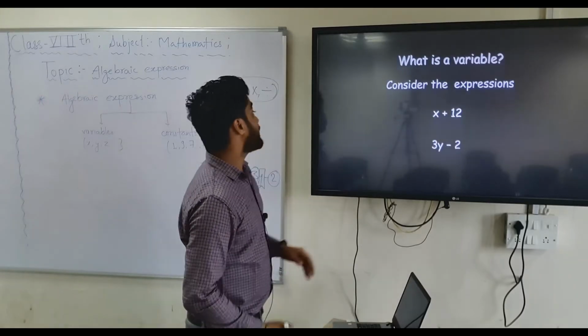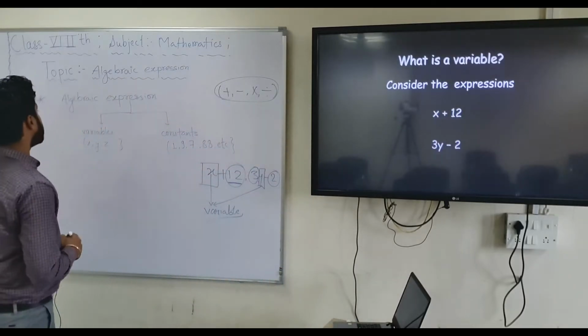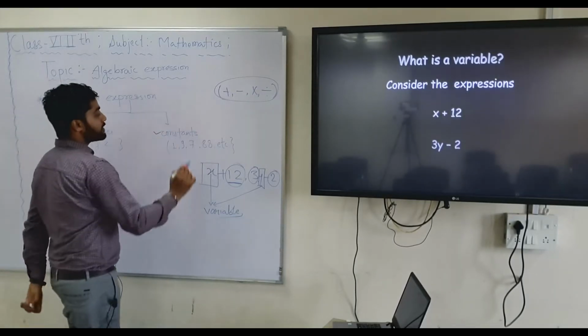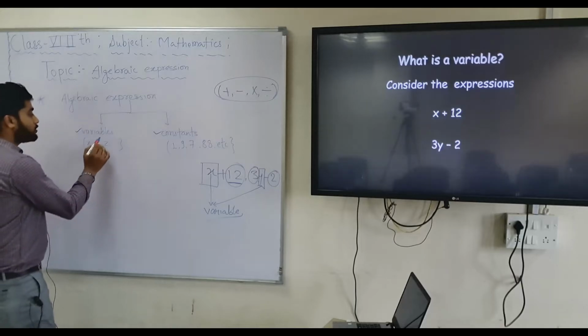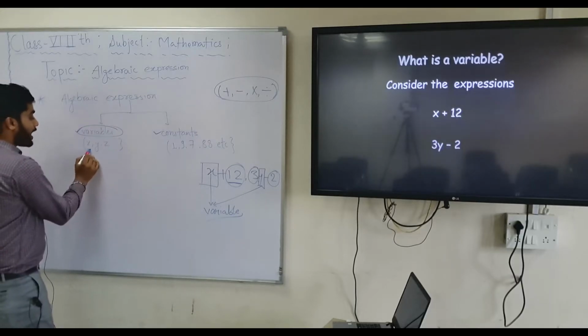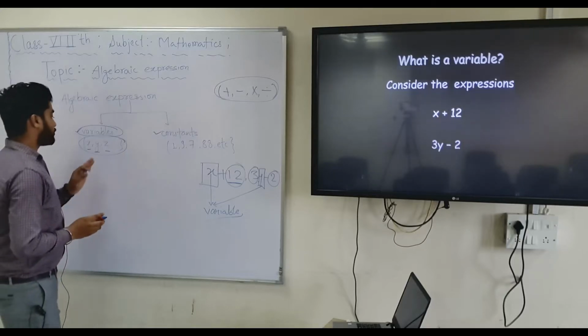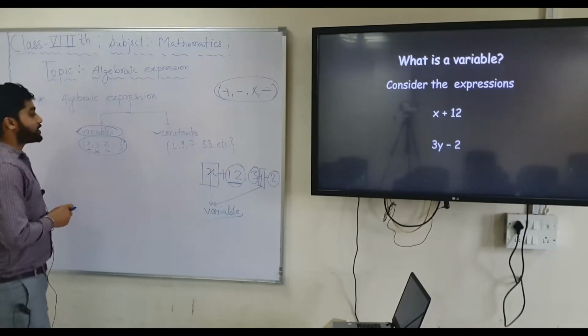Next, what is a variable? For algebraic expressions, we have to understand two things. First one is variable and second is constants. So what are variables? X, Y, Z, or that kind of letters which are given in our expressions.